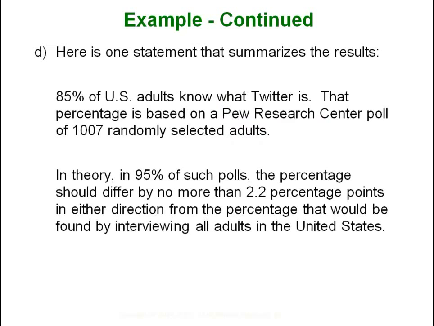Somewhere between 83 and 87%. And that's what this whole thing, that it should not differ by more than 2.2 percentage points, is trying to say. I think they're getting a little extra wordy. They don't have to be that robust with their words. You can just say, in theory, we're 95% confident that the true population proportion is somewhere between 83 and 87%.